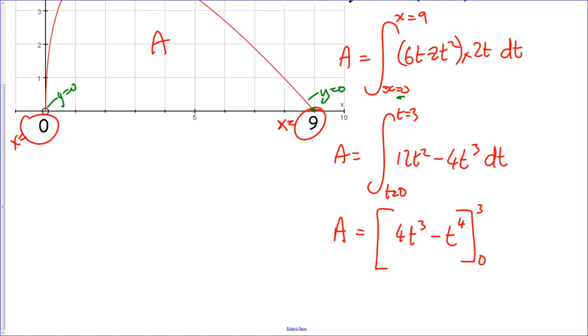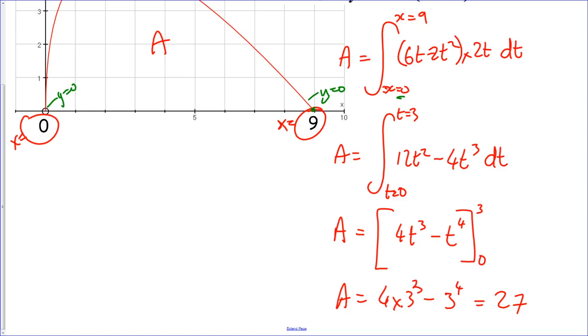We can see the lower limit is 0, and if I sub this in I get an area of 4 times 3 cubed minus 3 to the 4, which is 4 times 27, take away 3 times 27, so we should get 27. I'll just double check this on a calculator in case I've done something very strange. 4 times 3 cubed, take away 3 to the 4, which does give us 27.